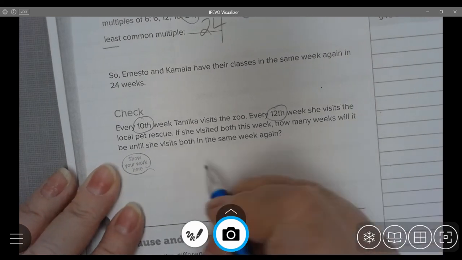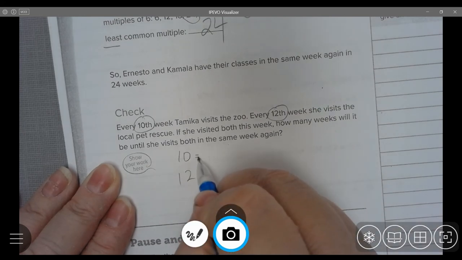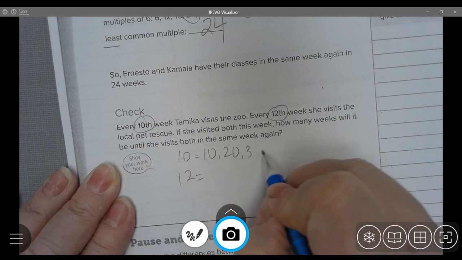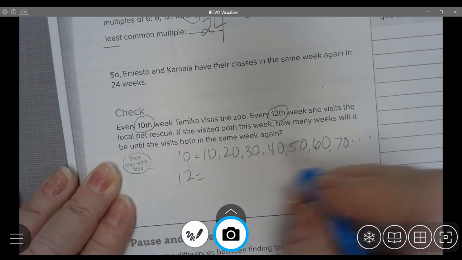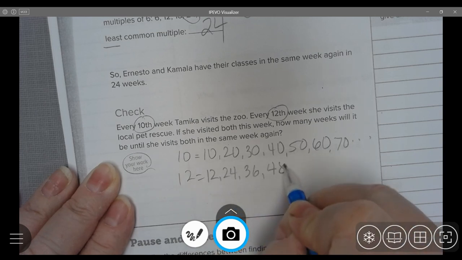All right, so let's do 10 and 12. For 10, we have 10, 20, 30, 40, 50, 60, 70. For 12, we have 12, 24, 36, 48, 60, 72, and so on.